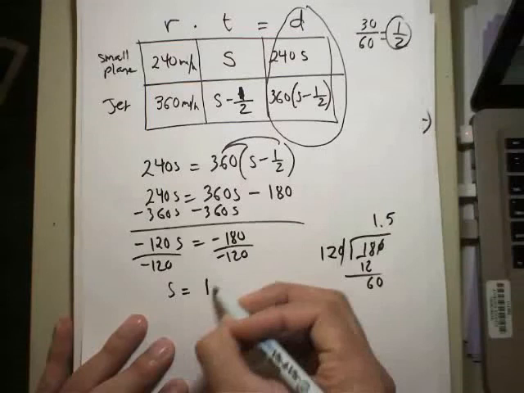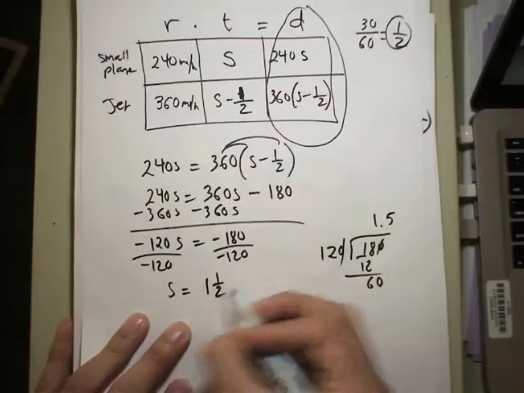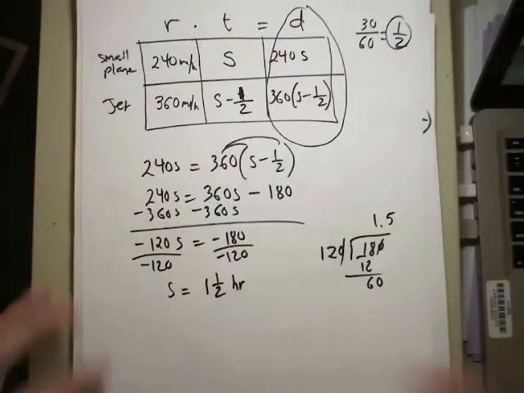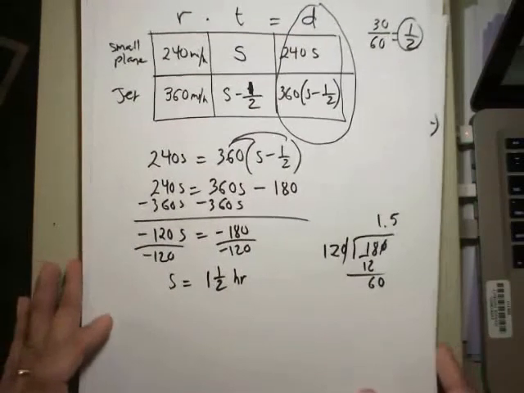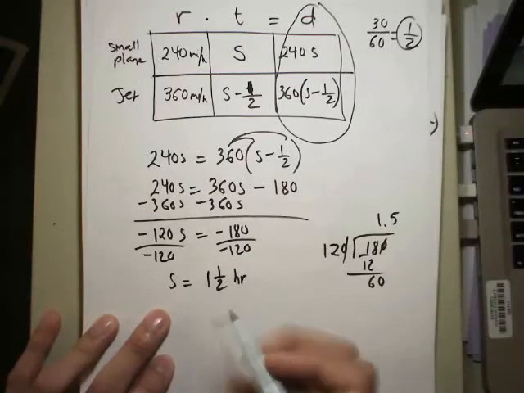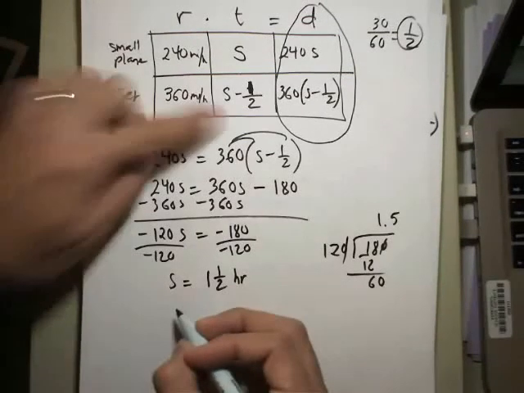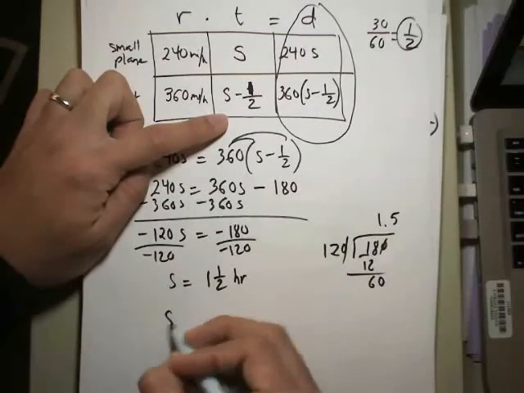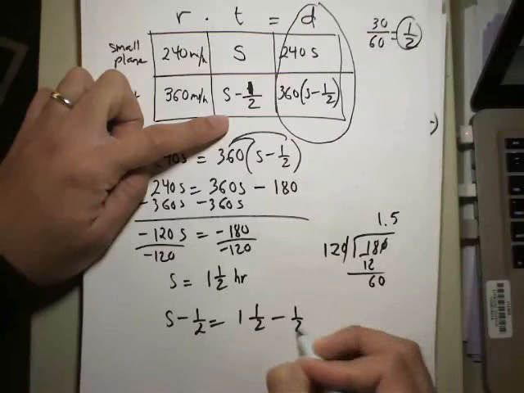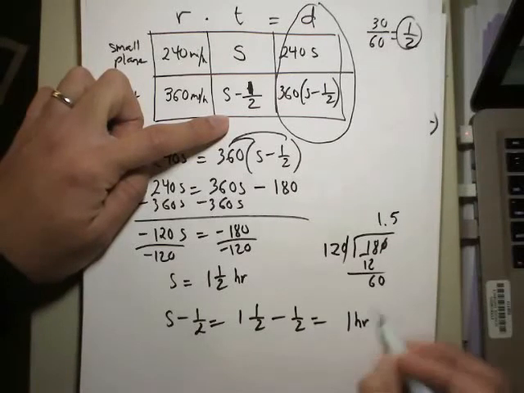So that's 1.5 hours. This small plane spent 1.5 hours in the air, and to solve for the jet, all you have to do is take half an hour off of that. So s minus a half, or 1.5 minus a half, which is 1 hour.